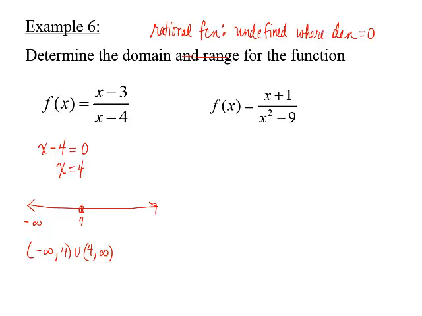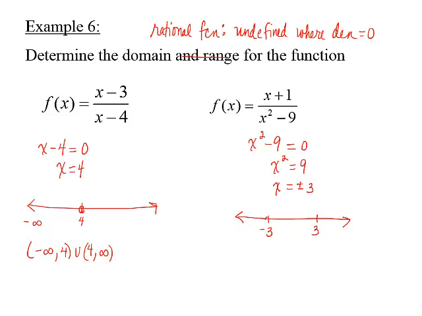For f of x equals x plus 1 divided by x squared minus 9, we know this function is undefined when x squared minus 9 equals 0, or where x squared equals 9, or where x equals plus or minus 3. So the domain is all real numbers except for plus or minus 3.